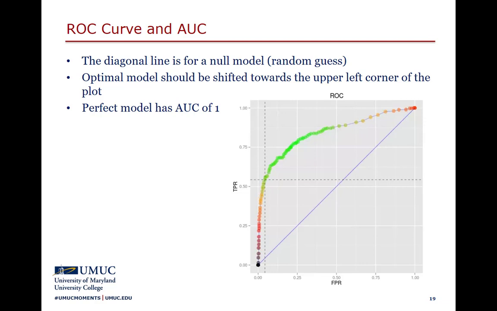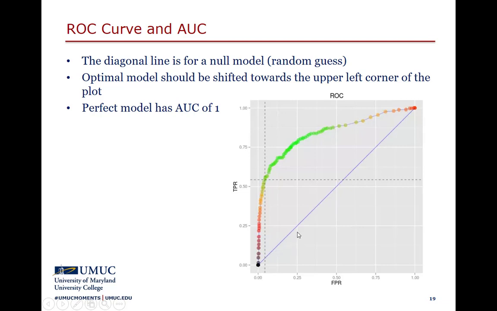So for one threshold, the horizontal axis is the false positive rate, 1 minus specificity, and the vertical is the true positive rate. For one threshold, this is the performance of the model. For different values of the false positive rate, the corresponding true positive rates create a line.